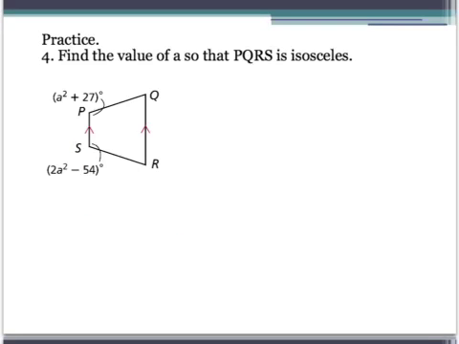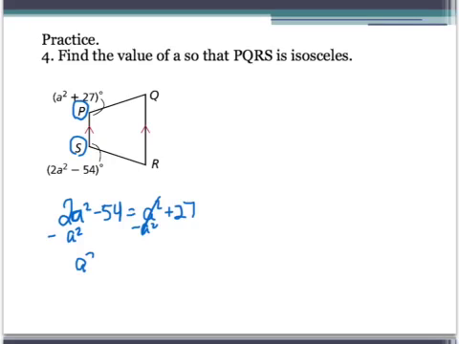Okay, number 4. Find the value of A so that PQRS is isosceles. Well, if you remember, the base angles, so meaning angle P, should be congruent to angle S. So all I need to do is take 2a squared minus 54, set it equal to a squared plus 27. And we go ahead and solve. We're going to subtract a squared over. Well, 2a squared minus 1a squared is just 1a squared.